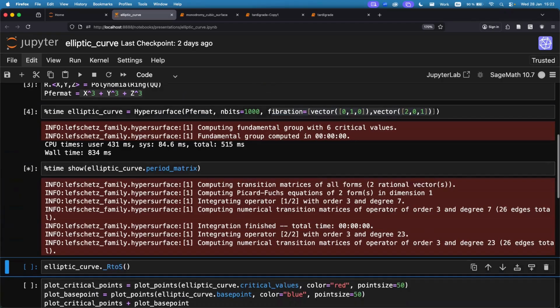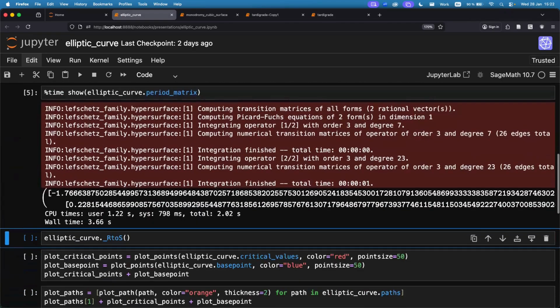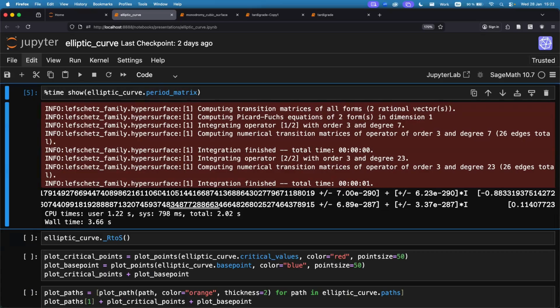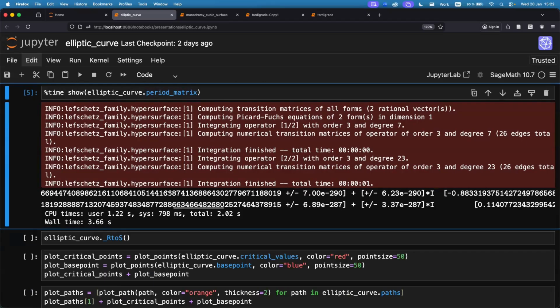And then you can just compute the periods. And in roughly 4 seconds, you obtain this 2x2 matrix of periods, because it's an elliptic curve in this case. And all the digits that you see here are actually correct. What this means here are the bounds of precision. So we've literally computed the periods with 290 certified digits of precision.